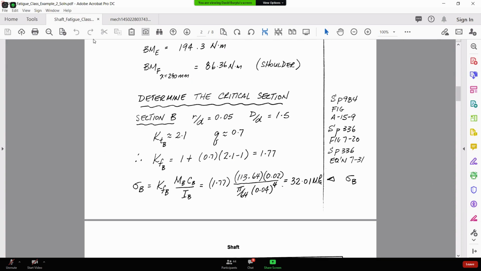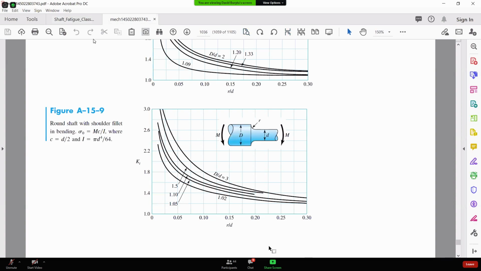So I have 0.05 for my r over d, and I have 1.5. So I come up here, and where it intersects, that allows me to find the Kt value.